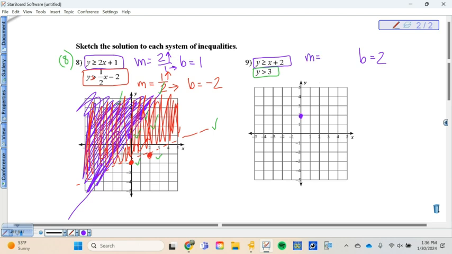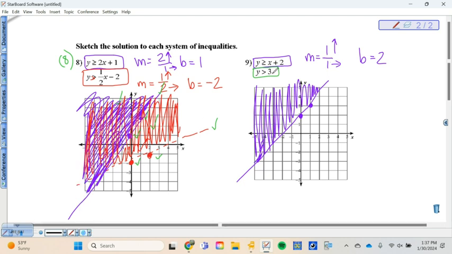What do I do? It's 1, so that's 1 over 1, right? Up 1, over 1. Dotted line or solid line? Solid. Shade above or shade below? Above. Okay.